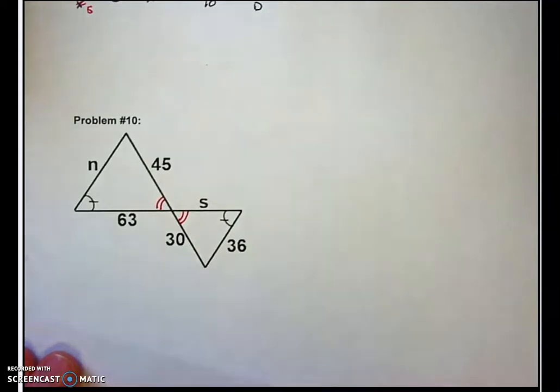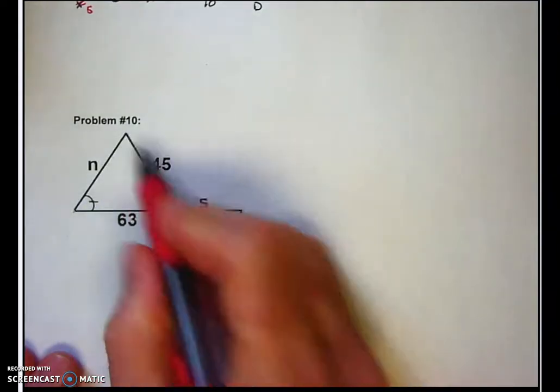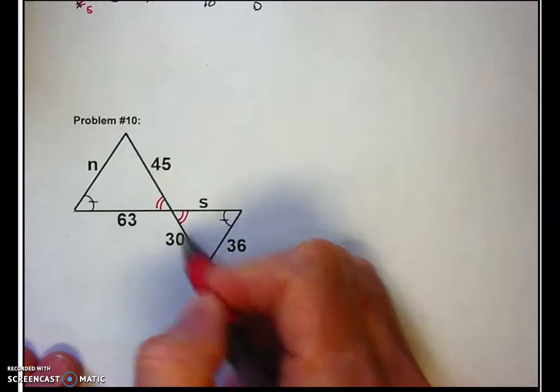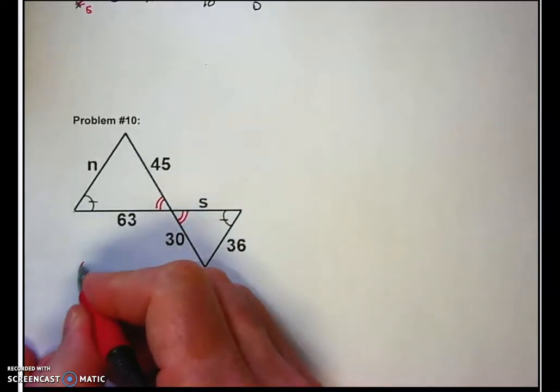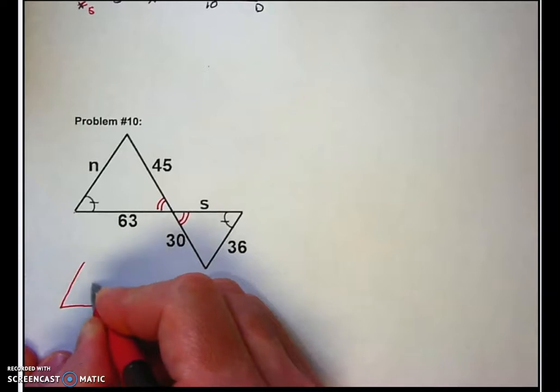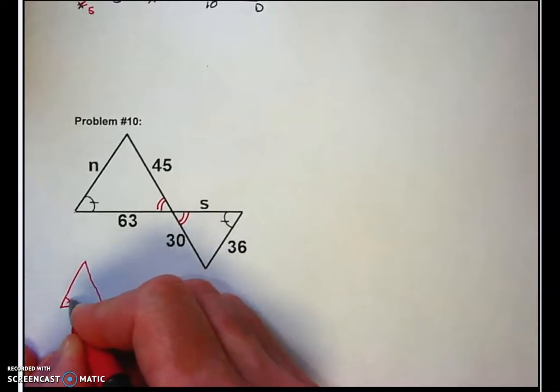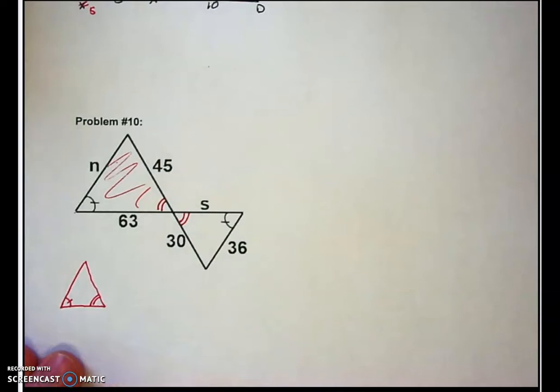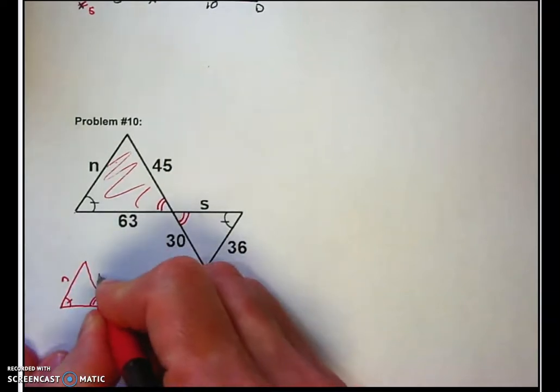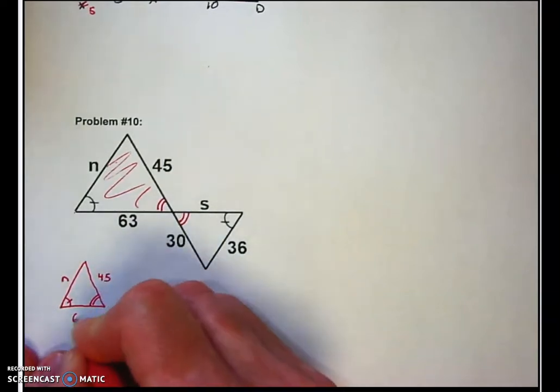Now, we could try to write a similarity statement, although it looks like these triangles weren't named. So maybe what we'll do instead is redraw the triangles, matching up the corresponding parts. So here is this original triangle, this red triangle right here, N, 45, and 63.